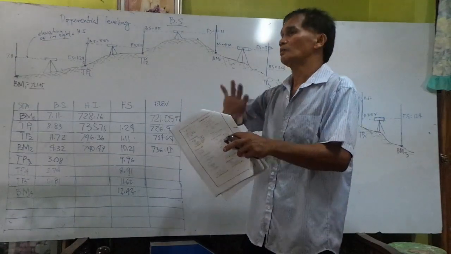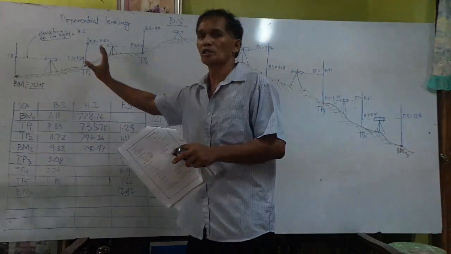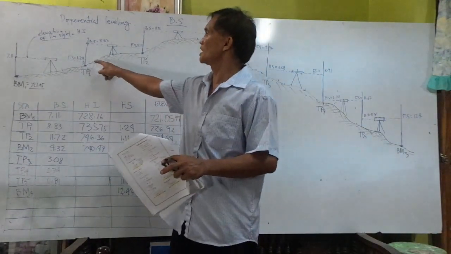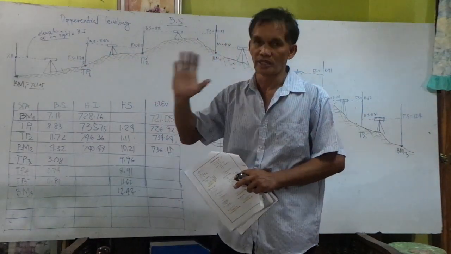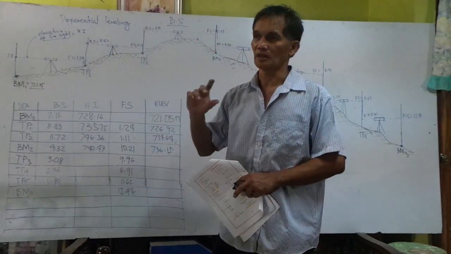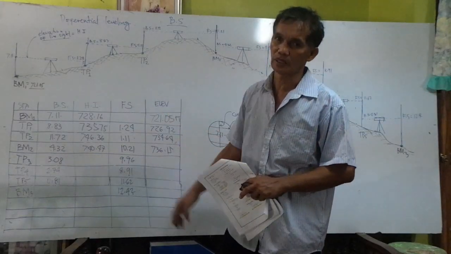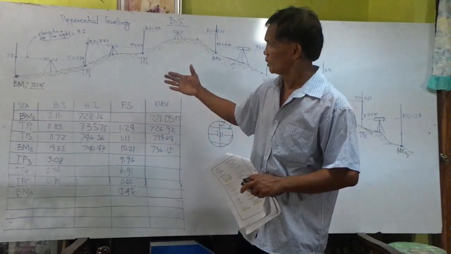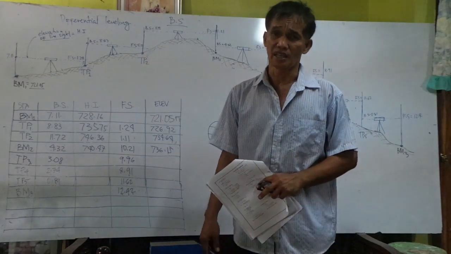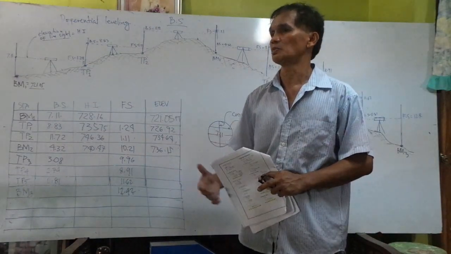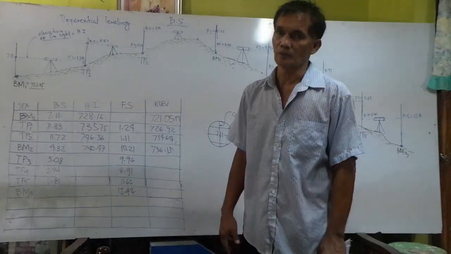As long as when you turn the instrument horizontally you can see the rod reading, that is enough. So this is how we do differential leveling, or establishing a benchmark from the given established elevation.